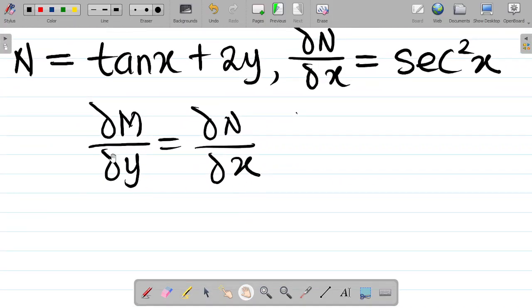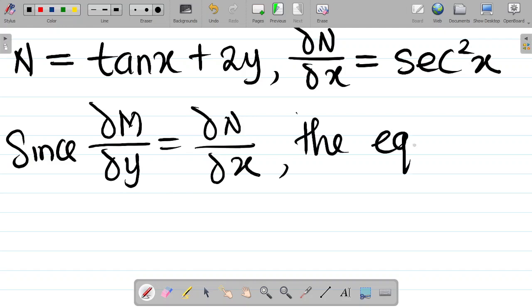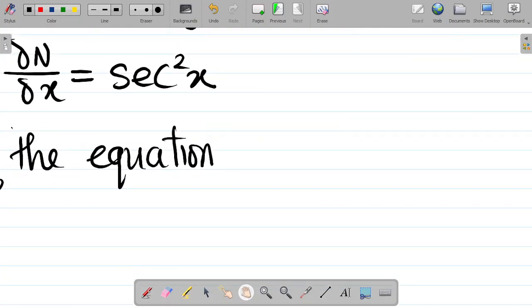So hence, since partial M over partial y is equal to partial N over partial x, we can say the equation is exact.